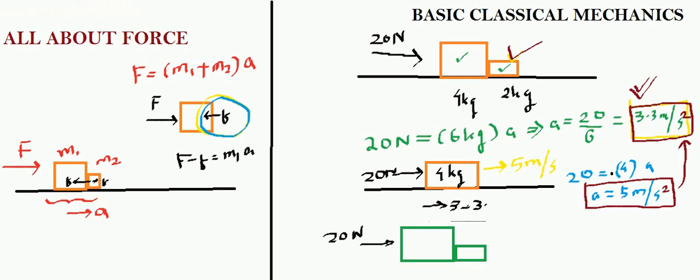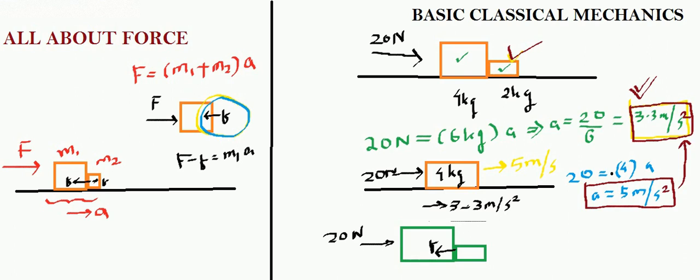So the second block is causing the first block to go with less acceleration. The only reason the first block is going with less acceleration is the second block. And this entire process can be seen as the second block slowing the first block through a force called the contact force, small f.